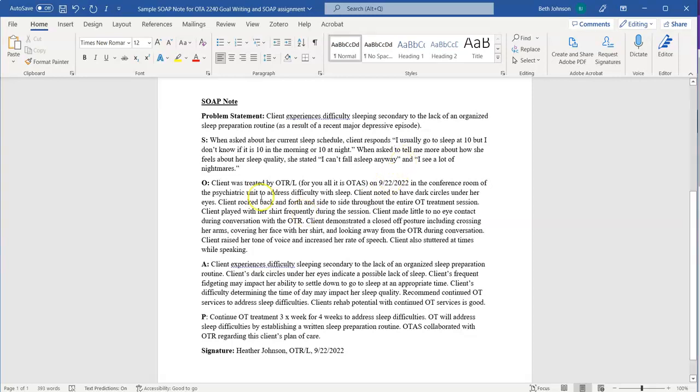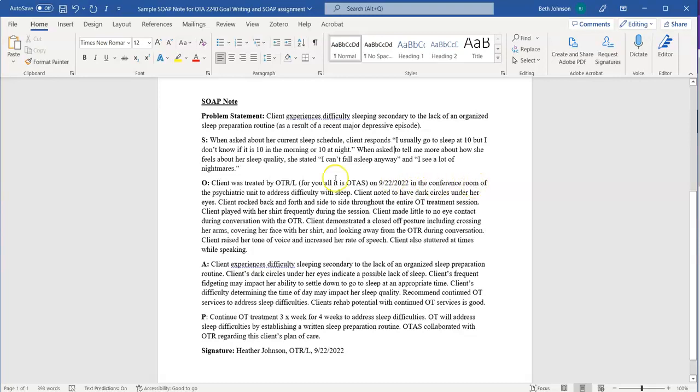Then in your O, as you all know, you need to make sure that you include who provided the treatment by giving the credentials. So you don't want to put your name, just your credentials. For you all, it's OTAS, all in capitals. On 9/22 of 2022, which is the specific actual date, also needs to be included in each one of your O sections.